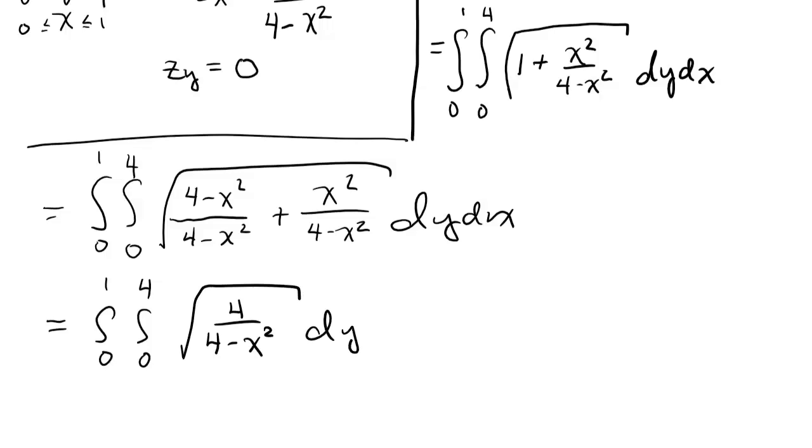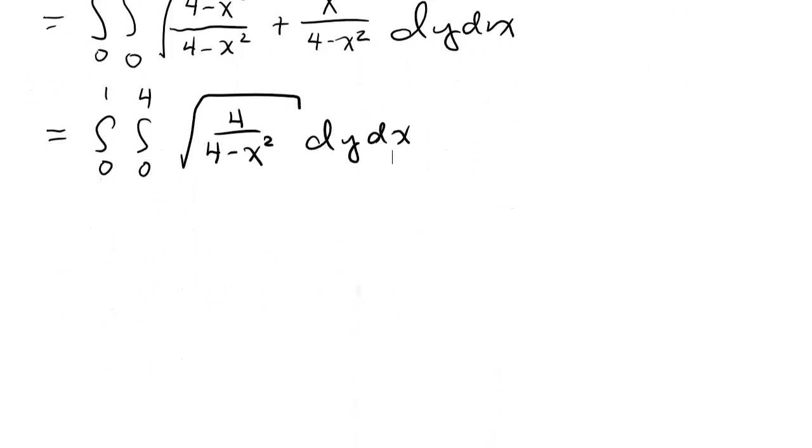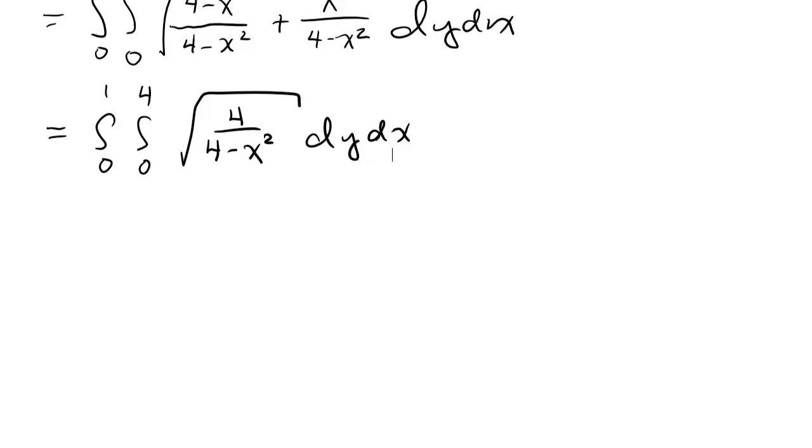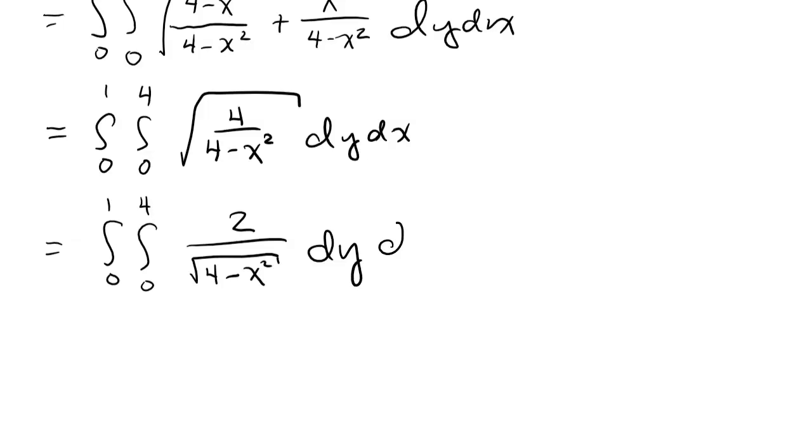And this is all in a square root, which if you think about at least the numerator of that square root, we can simplify. So we would have integral 0 to 1, 0 to 4. We really just have 2 over the square root of 4 minus x squared. And we have this dy dx.